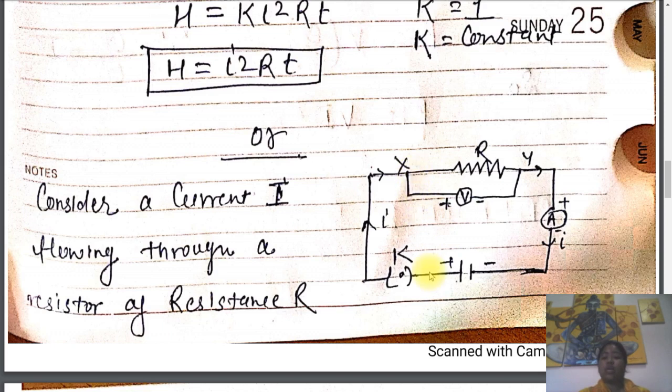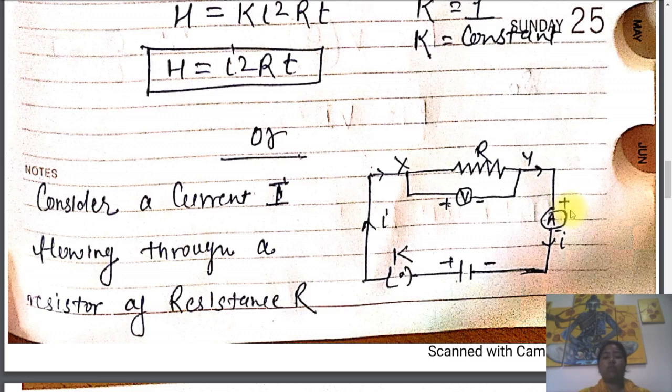In the second formulation, we have an electrical circuit in which we add a battery and a key, a conductor wire having resistance R, a voltmeter to measure the potential, and an ammeter to measure the current. When we close the key or switch on the battery, current will flow through the circuit.